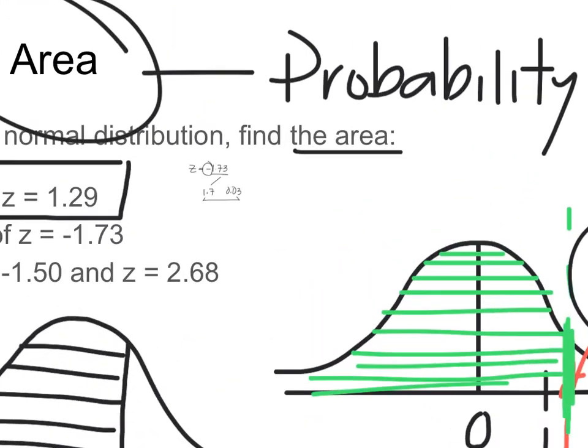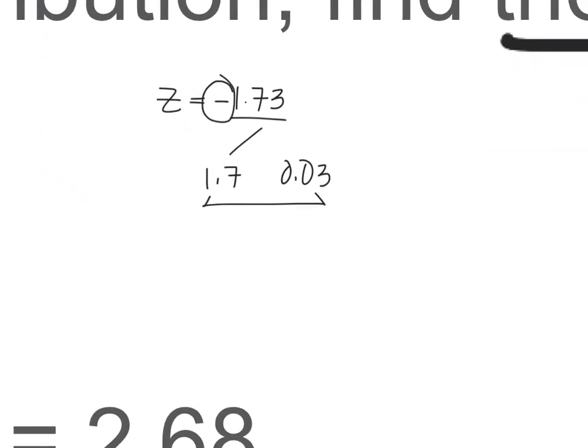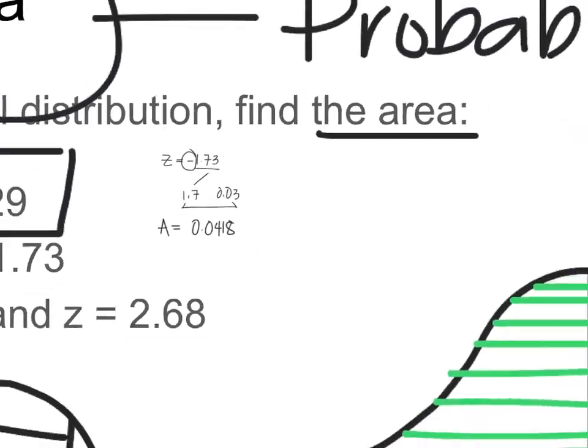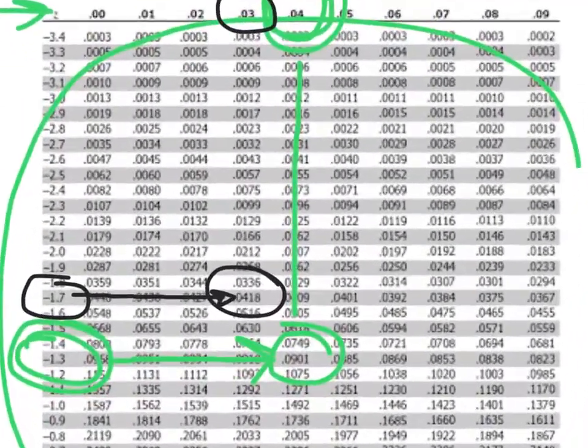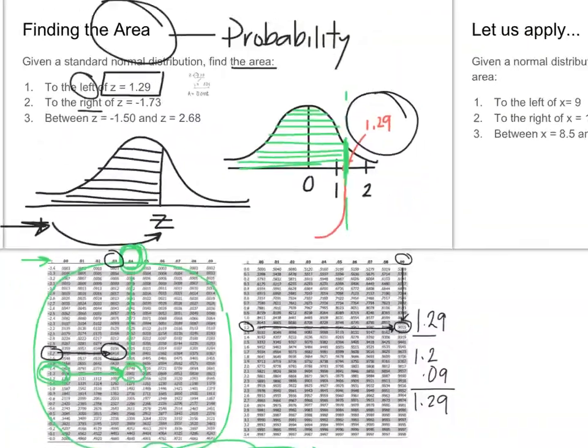So the area to the left of negative 1.73 is 0.0418. Again, let us review if that number is correct. 0.0418.